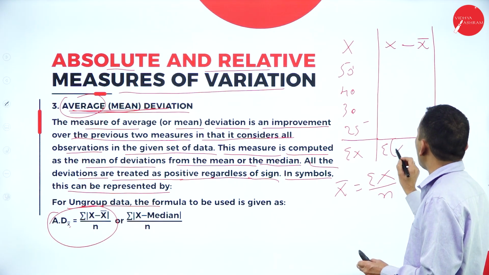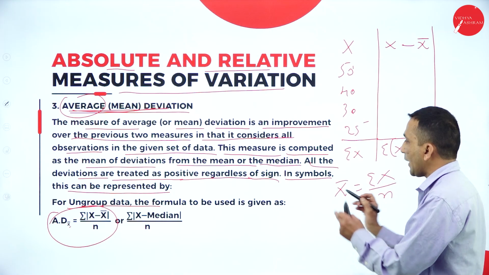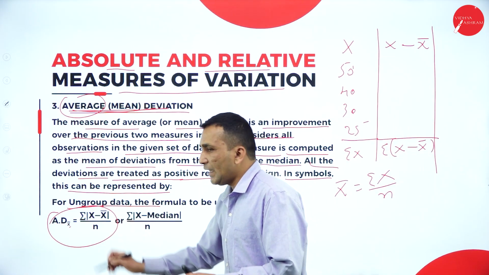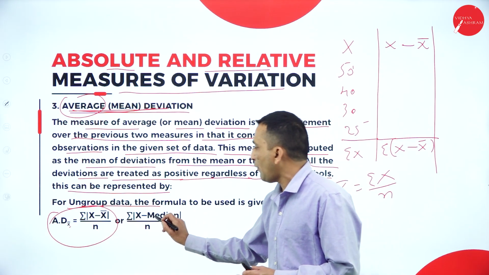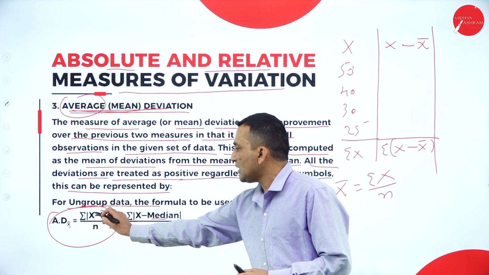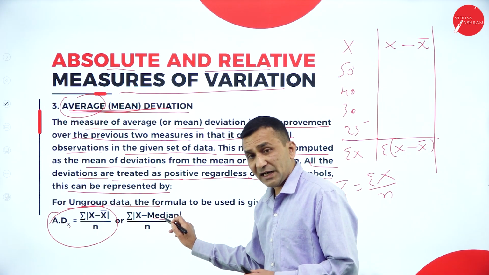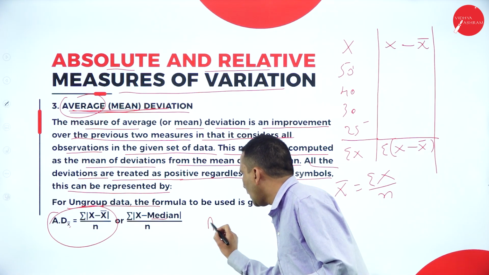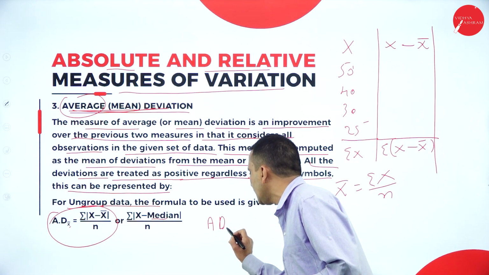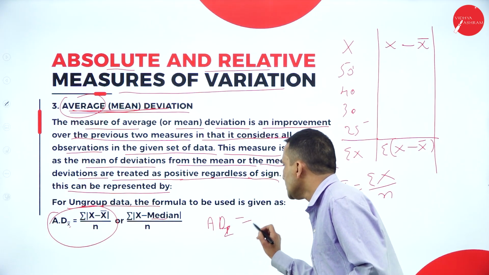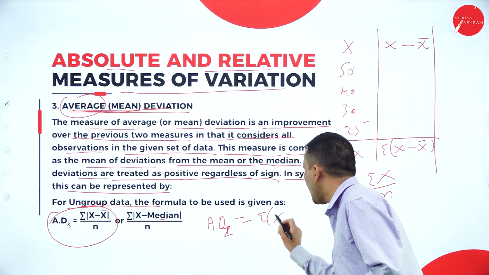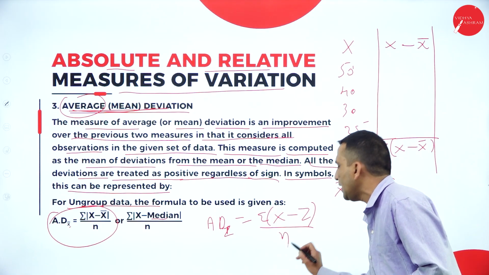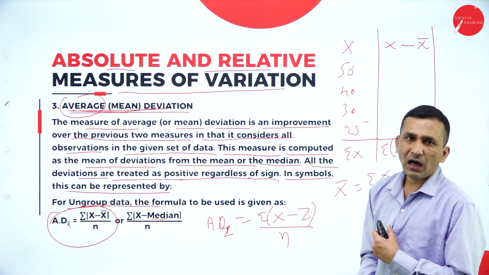Now, if we do it with the help of the median, the formula is the same, only x bar is replaced by the median M. Or you can calculate the arithmetic mean deviation from the mode. The same thing: sigma of x minus mode, divided by small n, in the case of ungrouped data.